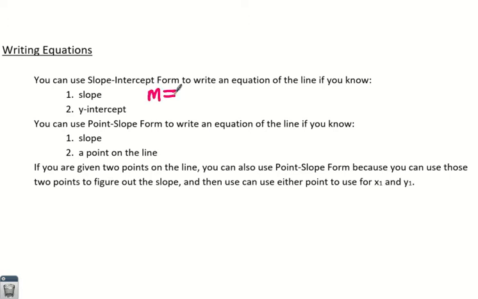what if we say, well, I don't know if it'll say m. It'll go like blah, blah, blah. What's the equation of the line if the slope equals 3 and the y-intercept equals 4?